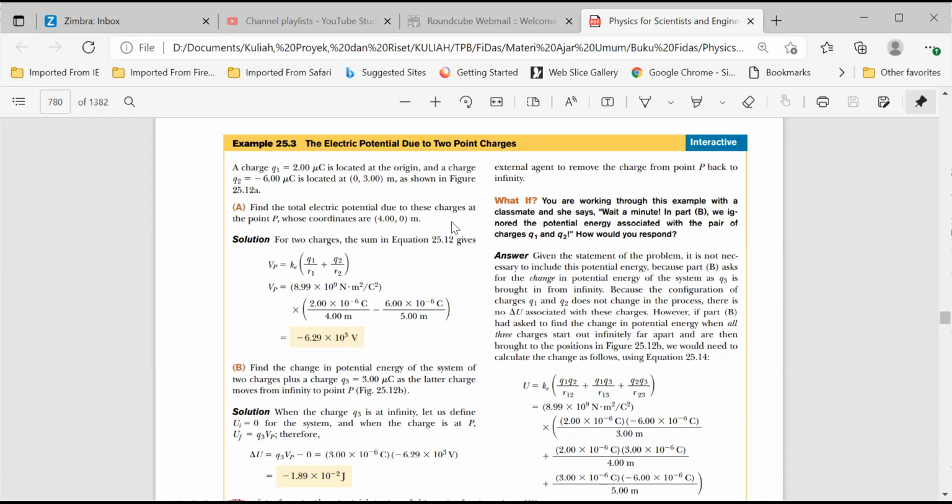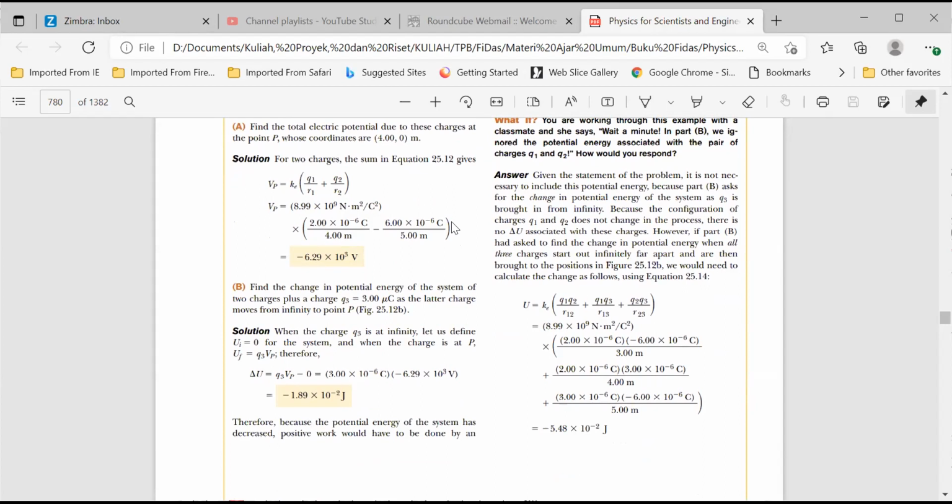So given the statement of the problem, it is not necessary to include this potential energy, because part B asks for the change of the potential energy. So this is only the potential energy, not the change.